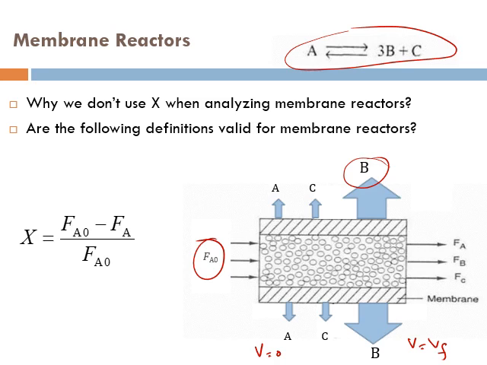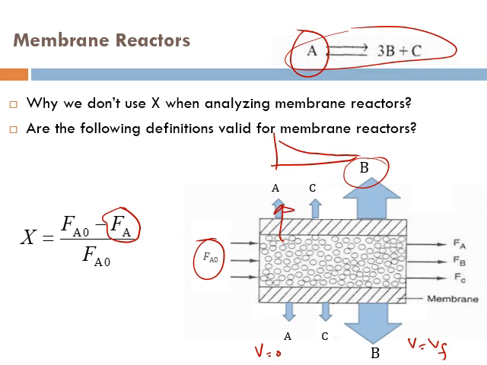If A is decreasing as you go down the length of the reactor, why is A decreasing? Well, there are two reasons. First, A is being converted to B and C. The other reason is that A is diffusing out.